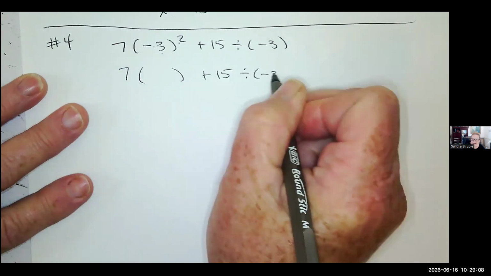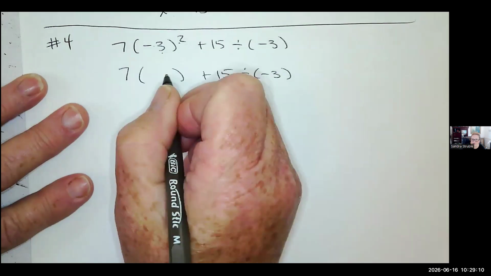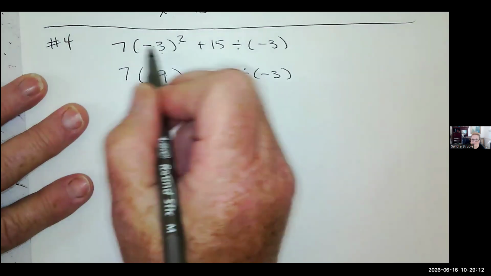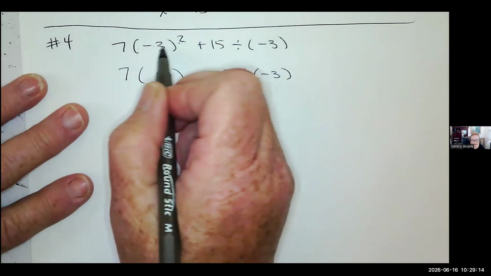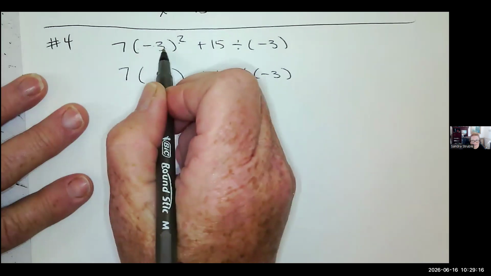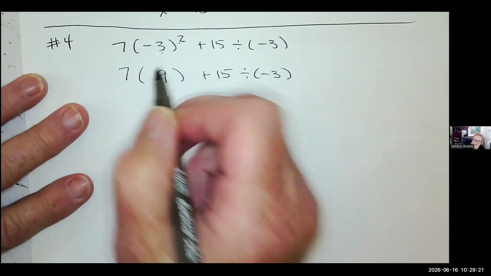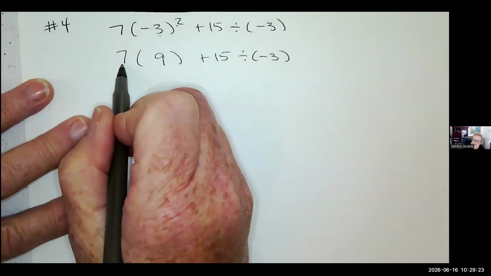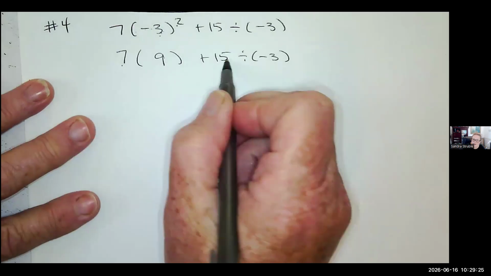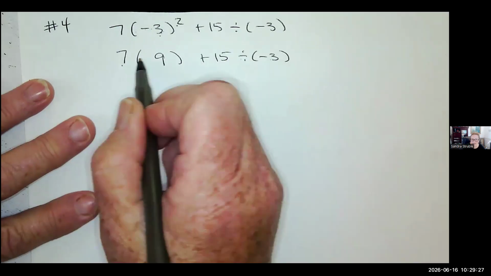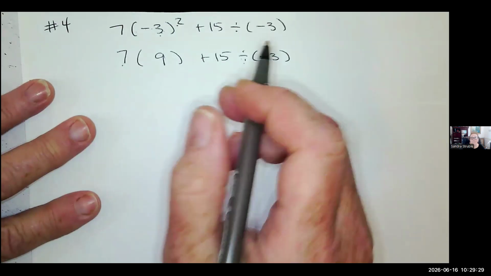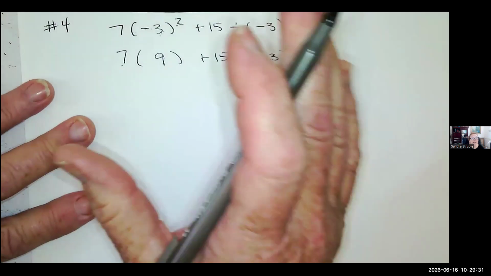If you got negative 9, that's because you didn't use the parentheses. This is the same thing as -3 times -3, and a negative times a negative is a positive. All right. 7 times 9 plus 15 divided by -3. So now we have multiplication, addition, and division. Who comes next? Well, multiplication and division, but it's whoever shows up first, left to right.